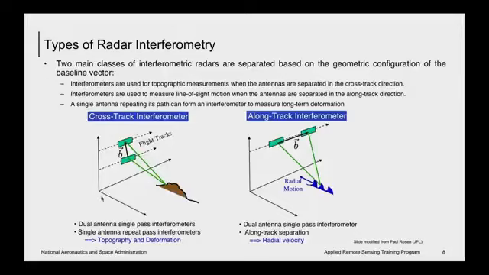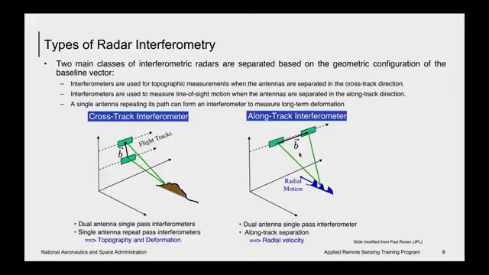So there are actually two different types of radar interferometry that can be done with radars. There's what we call cross-track interferometry, where we have two images at different times or different locations looking at the same point on the ground and doing interferometry in the direction away from the radar, the range or cross-track direction. This can be used to measure topography and surface deformation.